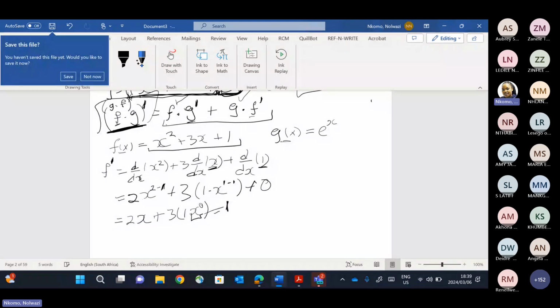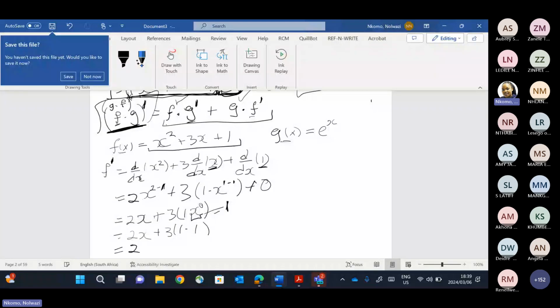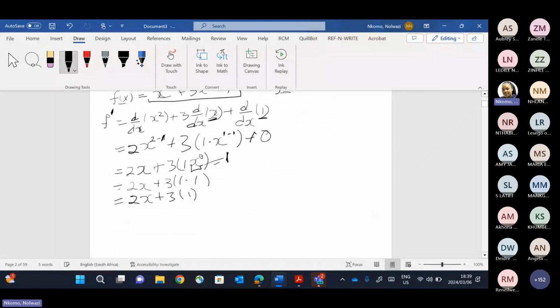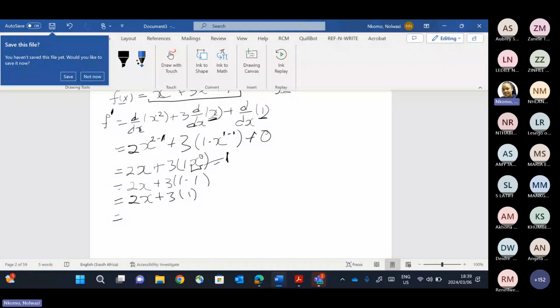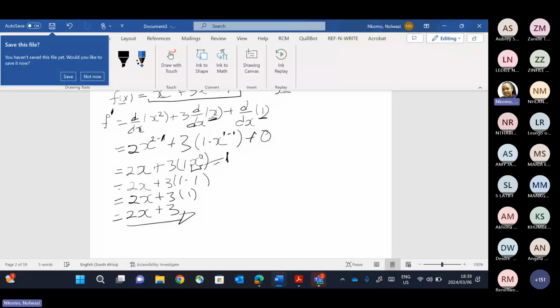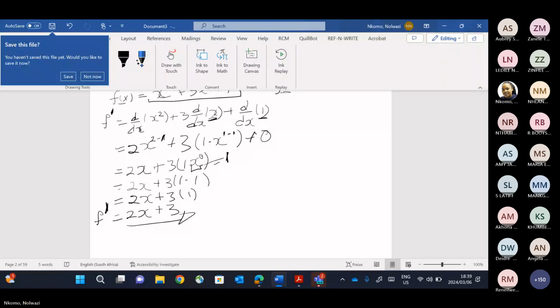So this means we have 2x plus 3 times 1 times 1. 1 times 1 is 1, so we have 2x plus 3 times 1, and 3 times 1 is 3. So this means we have 2x plus 3. And we cannot simplify further from here. So we can say your f prime is equal to 2x plus 3, right?